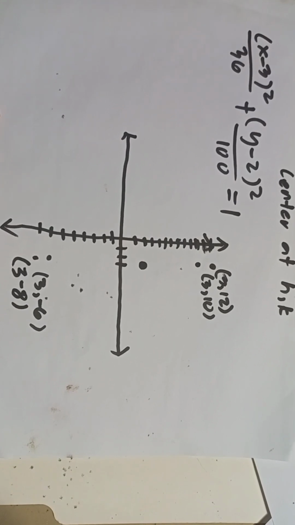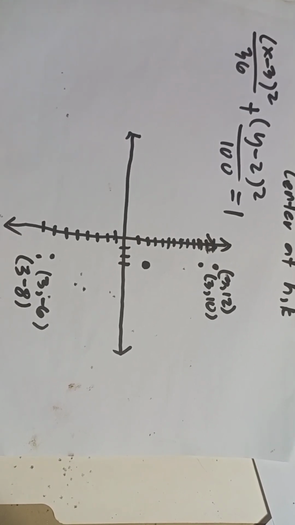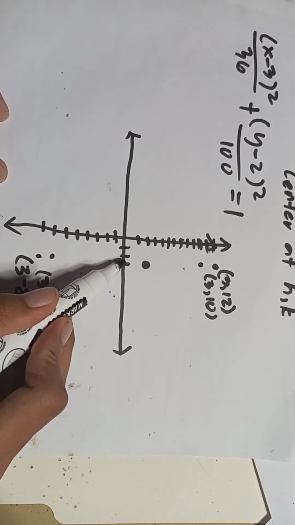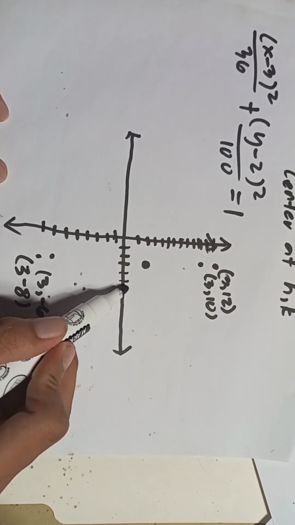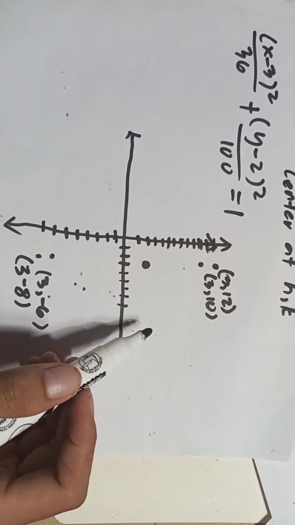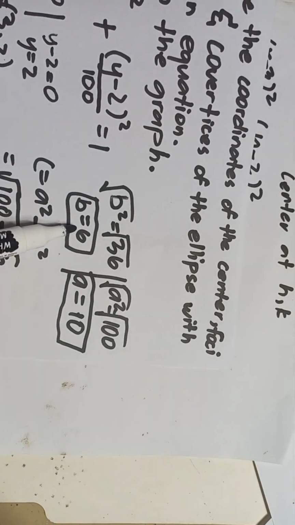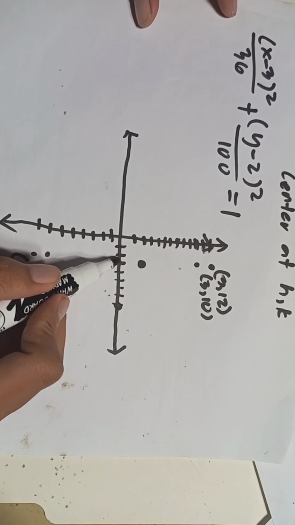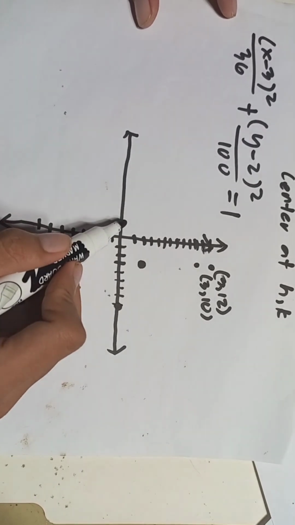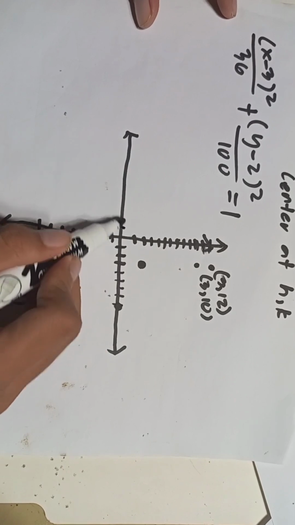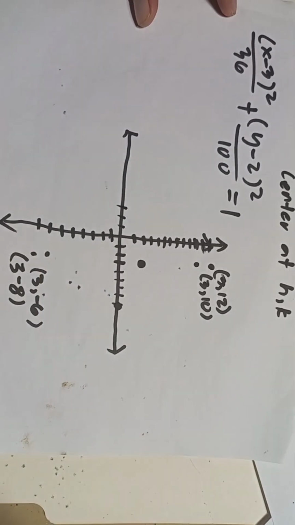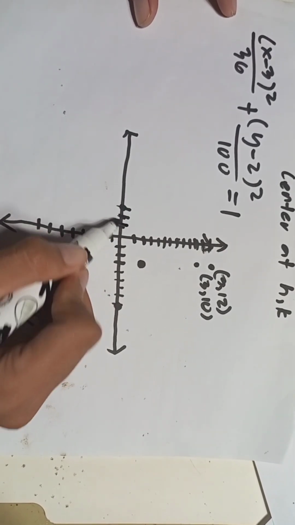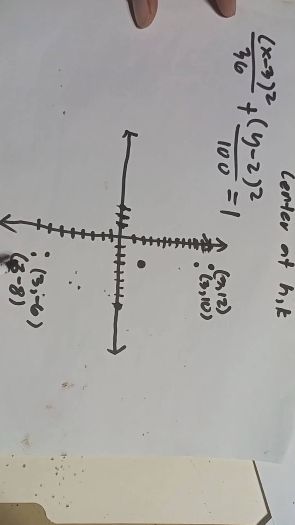Now we are going to find the covertices. 1, 2, 3, 4, 5, 6. Our covertices here use our b, which is 6. So from our center, 1, 2, 3, 4, 5, 6, here are the covertices.